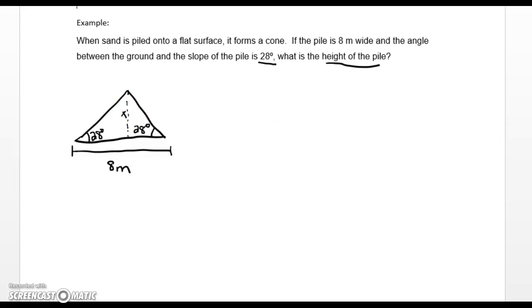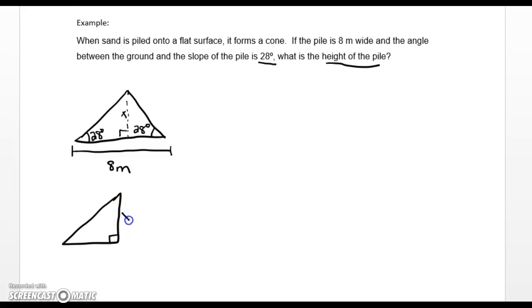Looking at this picture, we have one big triangle, and this is not a right triangle, which means we can't use any of our primary trigonometric ratios to solve. But if we look at just half of this triangle, we would notice that there is actually a right triangle inside there. If I redraw one half of the triangle, I would be left with a right triangle, although I might have to change some of my dimensions.